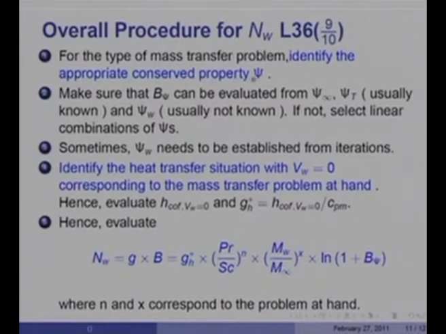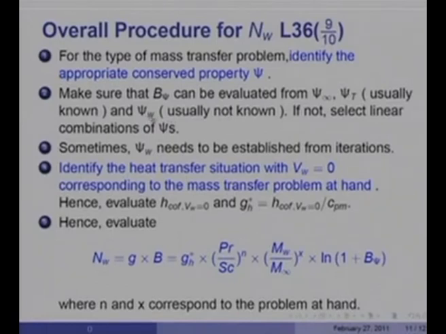So, we know how to evaluate psi. Make sure that B psi can be evaluated from psi infinity, psi t and psi w. Now, usually psi infinity and psi t are known, but psi w is usually not known, and therefore, it has to be determined. There are various ways to avoid knowing psi w.